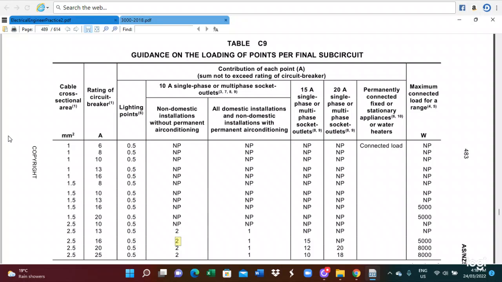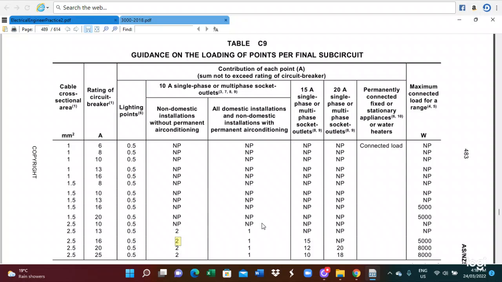In this case, if you use a lighting point, each lighting point draws 0.5 ampere. So how many lighting points can you install? 16 divided by 0.5, you get 32 points. But if the installation has permanent air conditioning, it will draw 1 ampere per point.